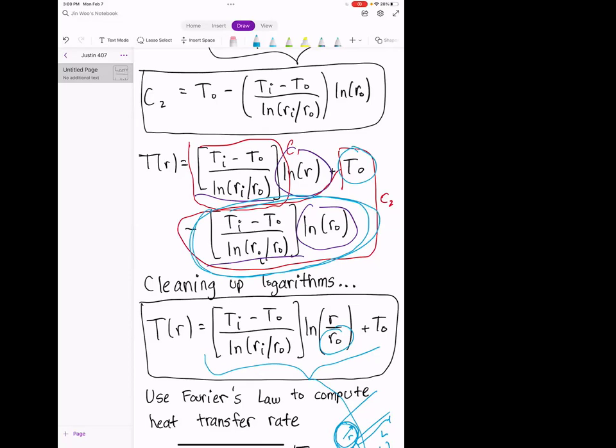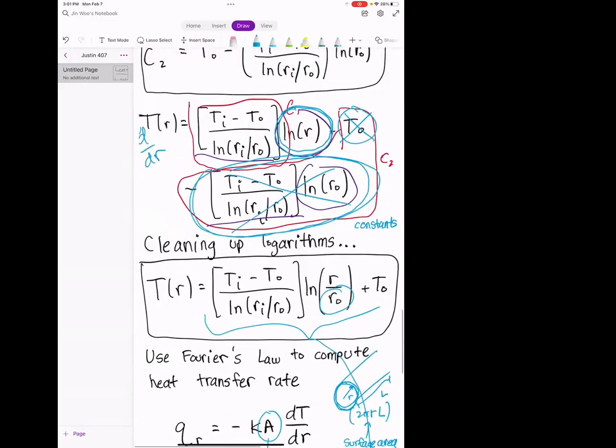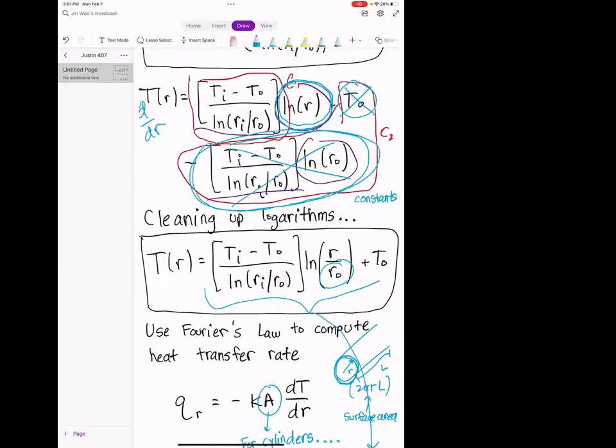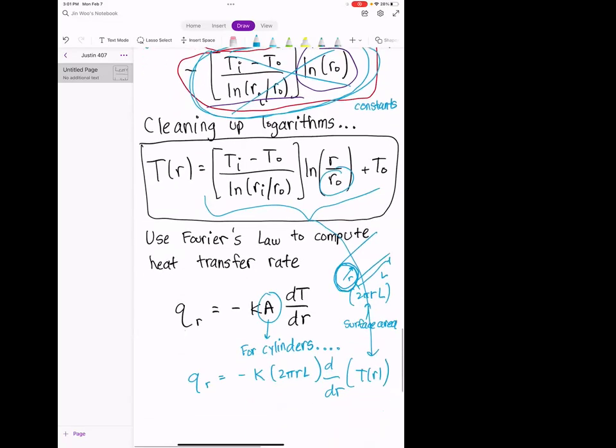When we take the derivative, all these terms simply go away because the derivative of a constant is 0. The only thing we actually have to differentiate is ln of r, where the derivative of ln r is 1 over r. Keeping that in mind, this derivative term is going to be (Ti minus To) divided by ln of Ri divided by Ro, times 1 over r.